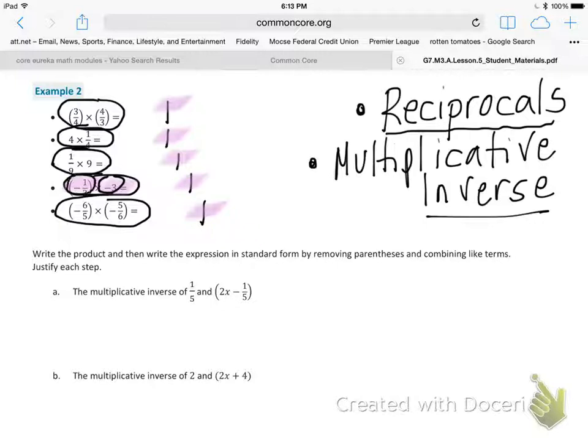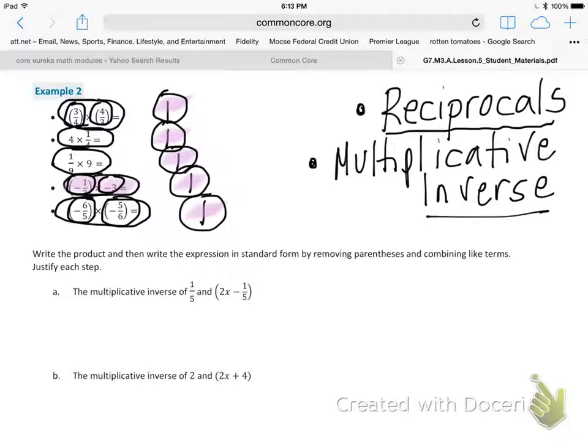As you can see, when it was a positive 3/4, it was a positive 4/3. When it was a negative 6/5, it was a negative 5/6. It's very important that your sign stays the same, because when you multiply any number by its reciprocal, you end up getting 1. So the reciprocal couldn't be of a different sign because your answer would end up being negative 1, which would not be correct.